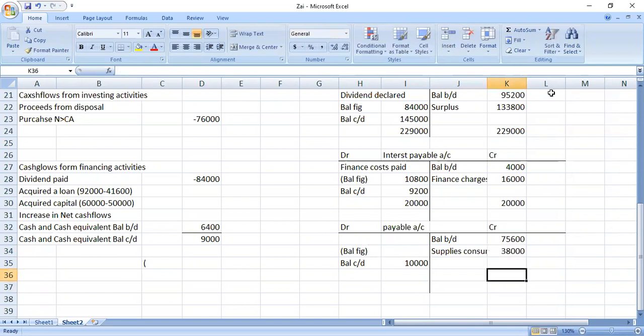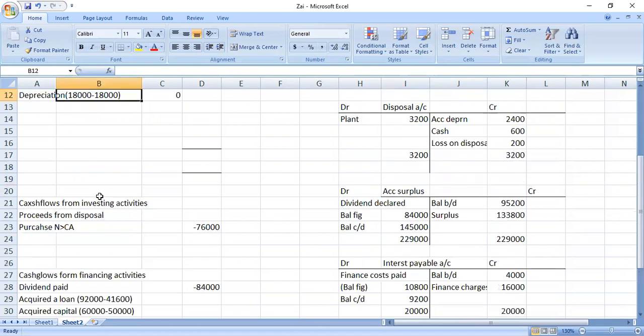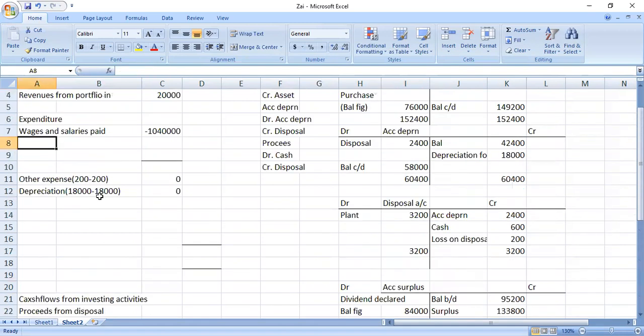And I added these, getting a balancing figure of 103,600. So you come under expenses, operating activities, and you say supplies consumed. Okay, it is a big figure, 103,600 now. Get the difference.